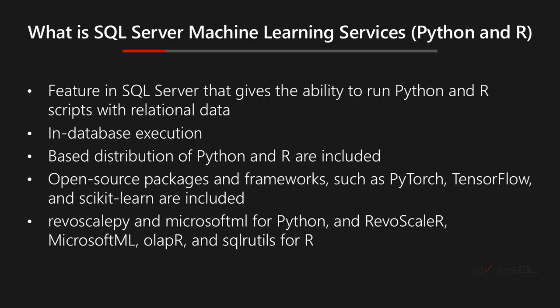Let's try to understand some of the features and characteristics of SQL Server Machine Learning Services. As I told you, it allows you to execute Python and R code within your relational database for performing experiments, and execution happens within the database. You don't need an additional environment for executing this code.